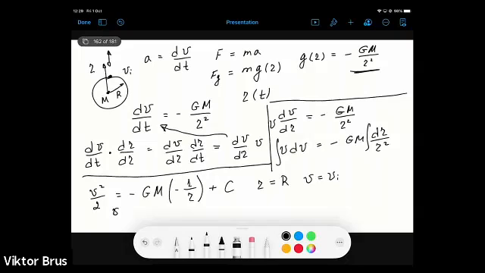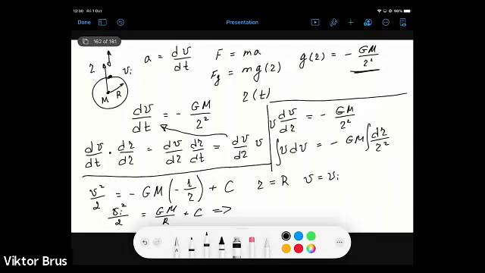So it will be V initial squared divided by 2 is equal to, so here we can cancel this minus and minus, so there is plus G times M divided by R. So we substitute instead of small r, capital R. And also, don't forget about this constant.